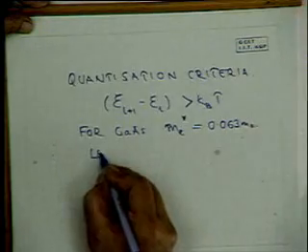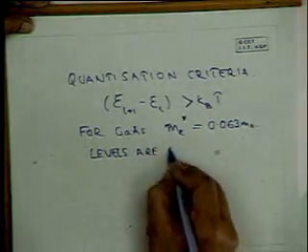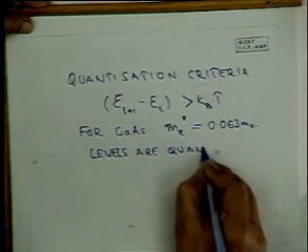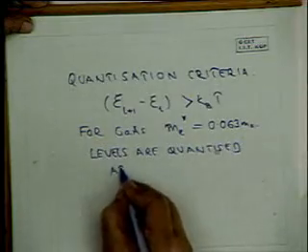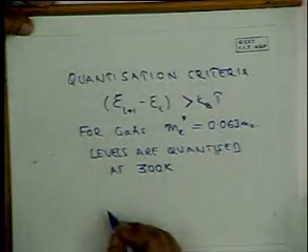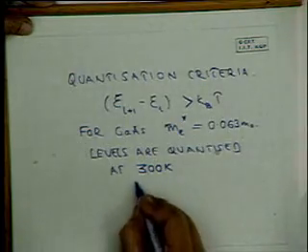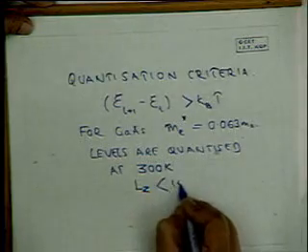We have the interesting condition that levels are really quantized at 300 K for devices. This is the condition that is important: if L_z is less than 150 angstroms.